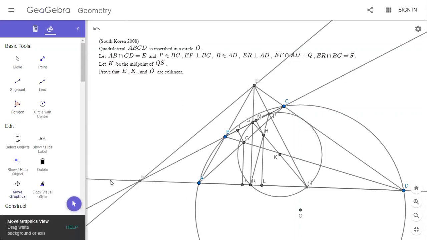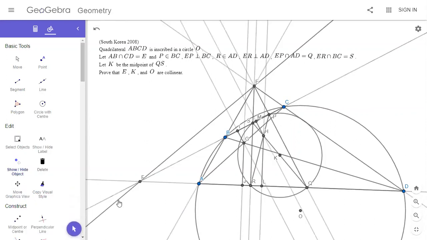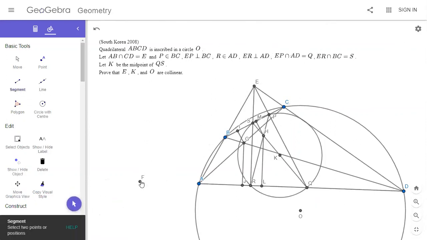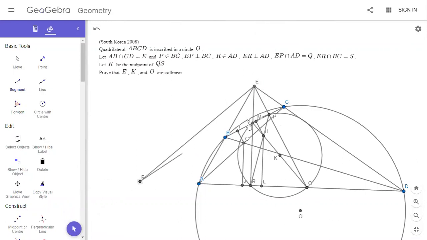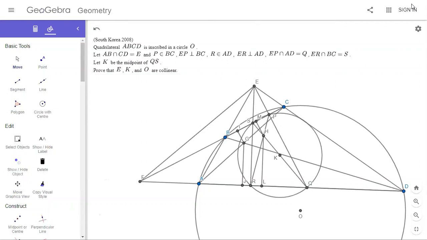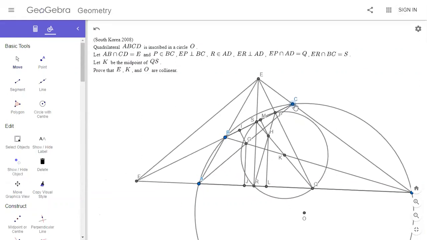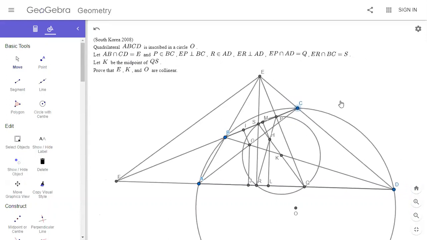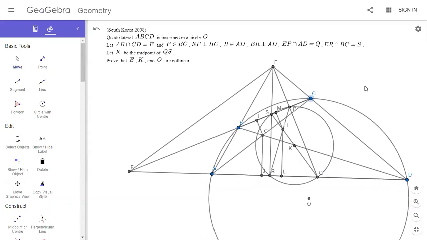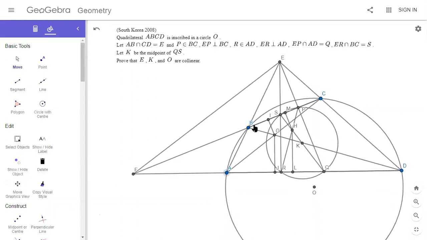Let me hide a few of the extra things. Okay, so let me try to see how I can make some room. Let's see.